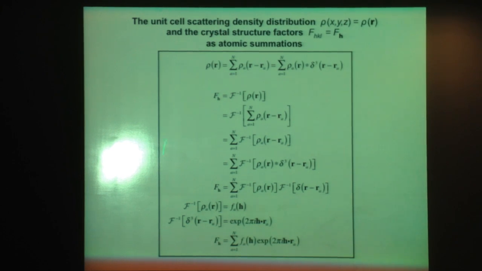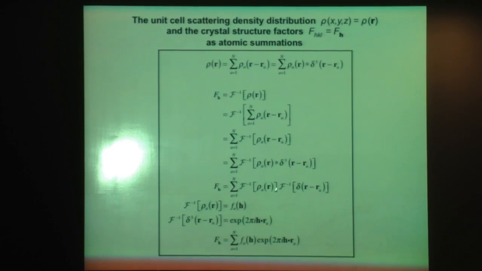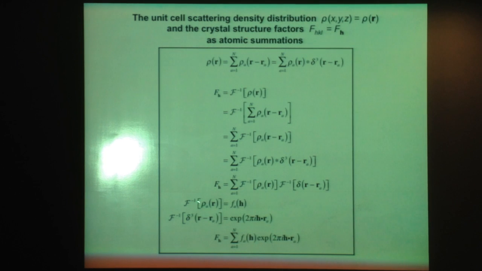So just as the structure factor is the Fourier transform of the unit cell electron density distribution, the atomic scattering factor, denoted F sub A, this first factor here, is the Fourier transform or Fourier inverse of the atomic electron density distribution.